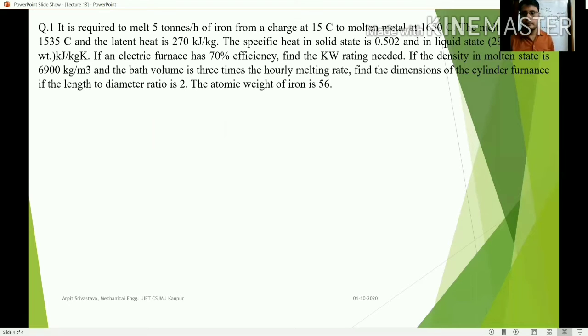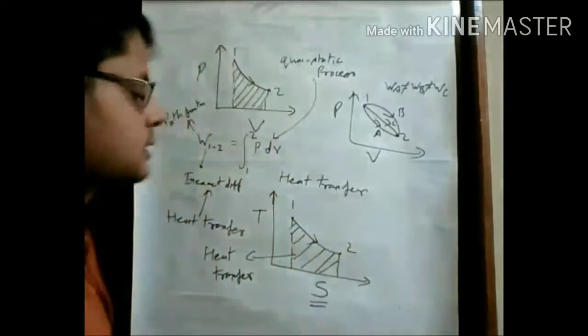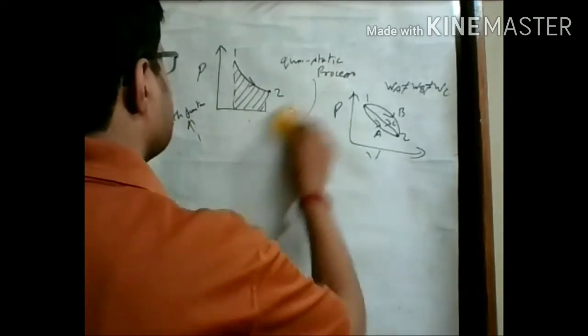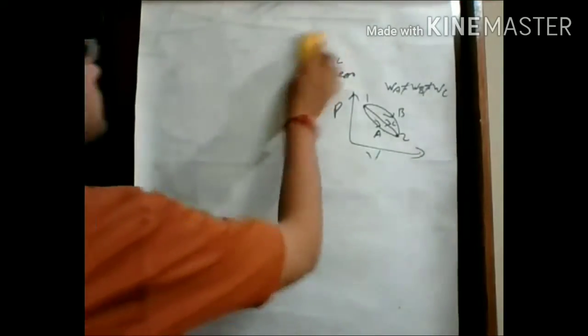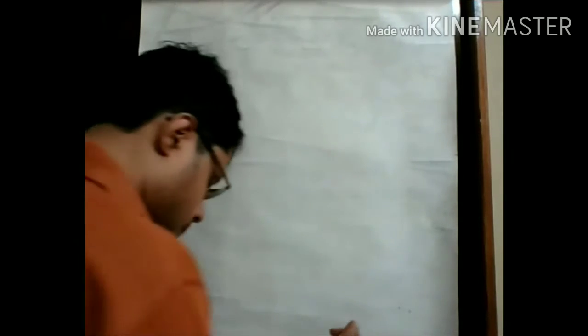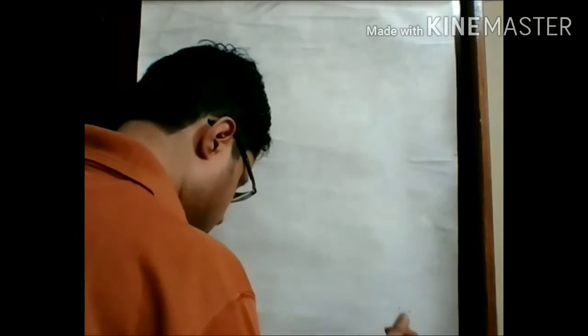So see this problem. If we summarize it, it is required to melt 5 tons per hour of iron from a charge at 15 degrees centigrade to molten metal at 1650 degrees centigrade.